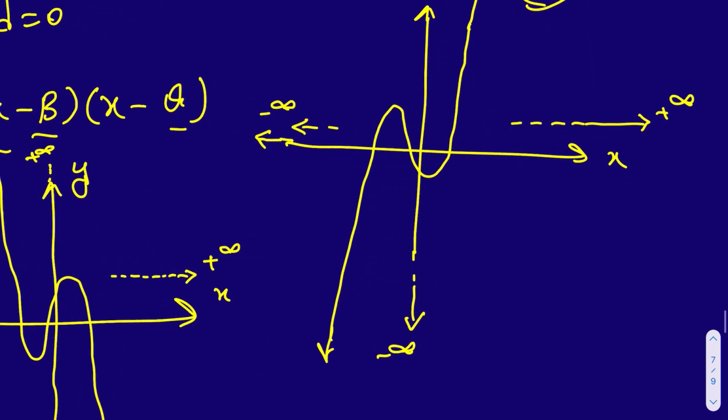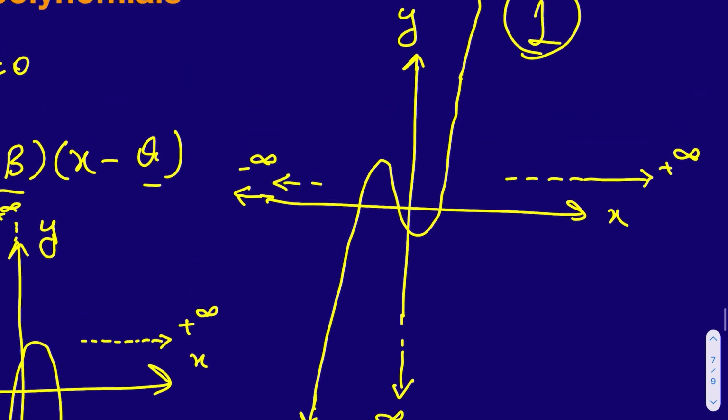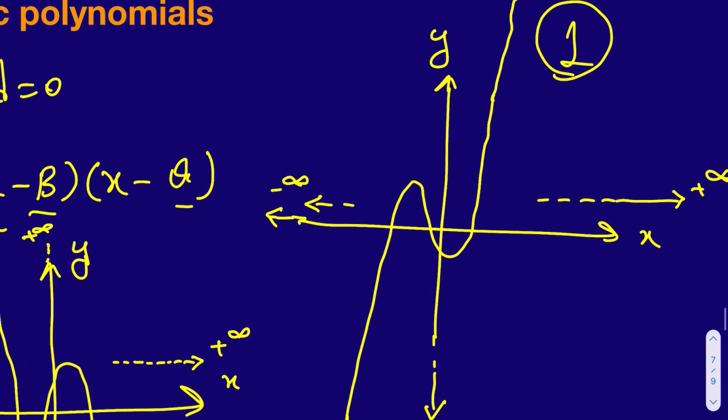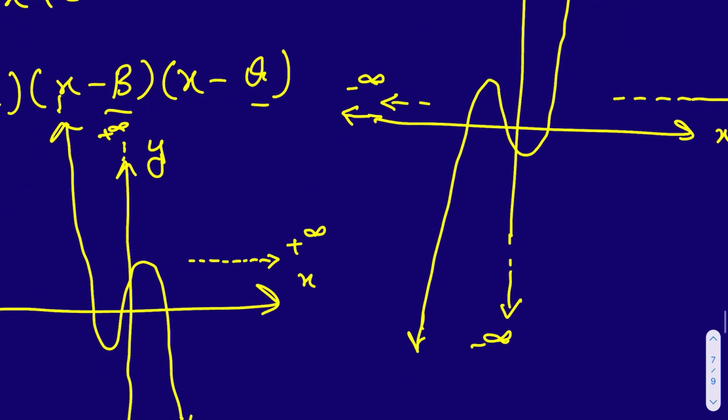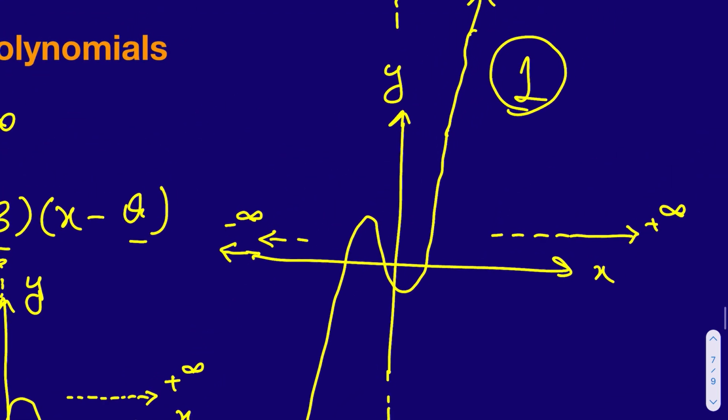But this is not the only piece of information we need. We need some more detailed information to be able to sketch the curve. It's not only to know which of these two shapes it is and then randomly sketch.